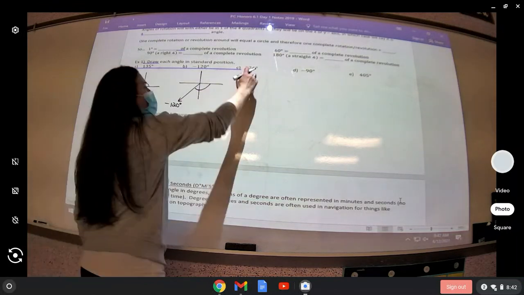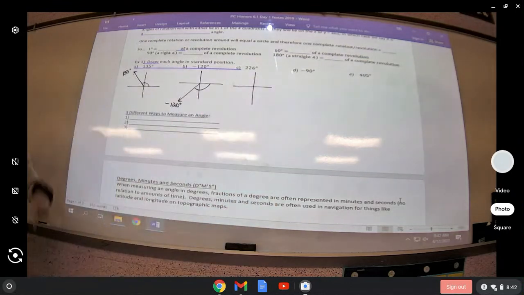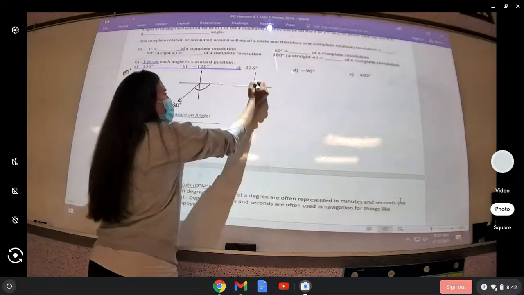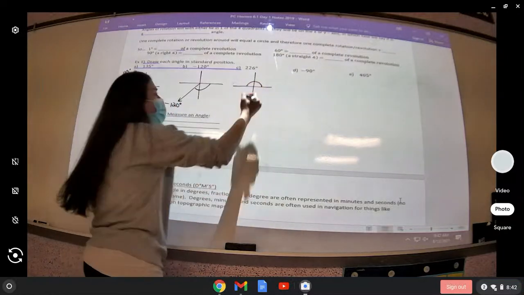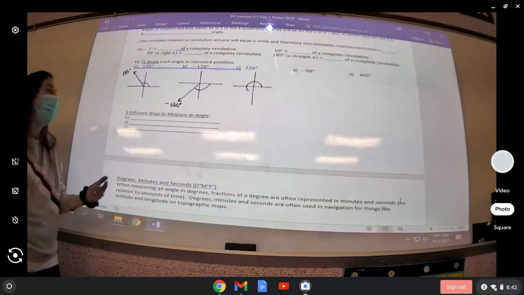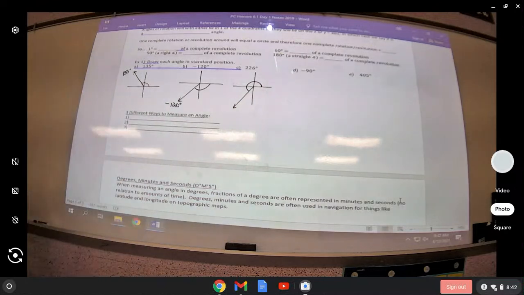All right, 226 degrees. I want to go counterclockwise. I want to get positive. So I'm going to go 0 to 90. Then I want to go to 180. I have to keep going. If I go all the way to the next quadrant, I'll be at 270. So I don't want to go all that way. So 226 is going to land somewhere in quadrant 3.